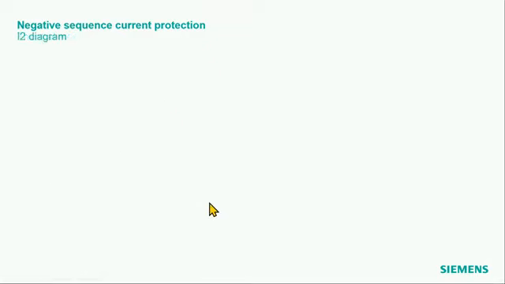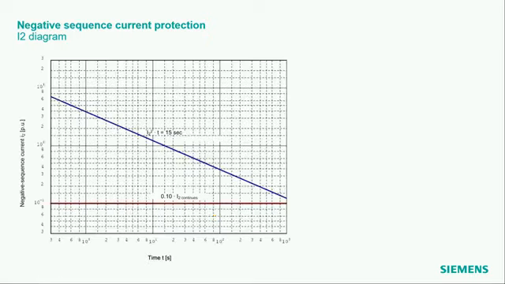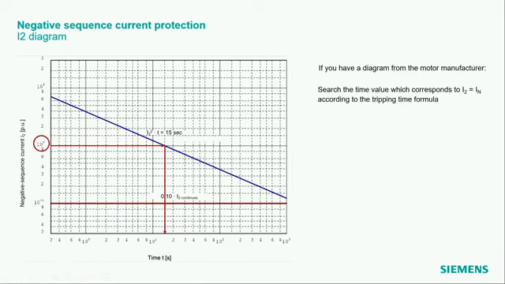So in this characteristic, I search where I have 1 as a negative sequence current, so negative sequence current equals the nominal current. This is 10 to the 0. If I go along here and down, then I get my tripping time, and this is 15 seconds. And this is at the same time my K value, because if both values are identical, then my K value equals the tripping time.